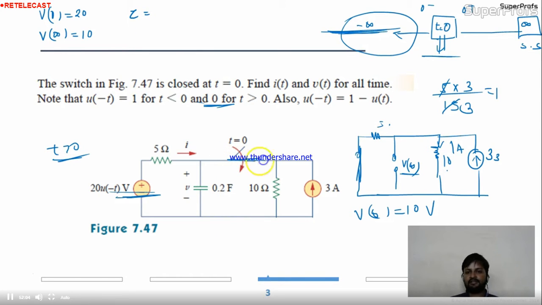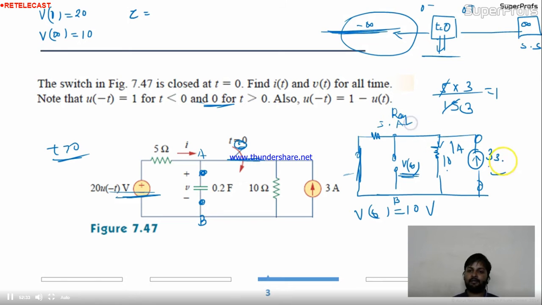So, come to the steady state condition. Open the capacitor and find out the equivalent resistance across A and B. So this is your circuit at a steady state. Everything is open. Capacitor is open. This is short circuited. So here A and B. This is the current source. You can open it, because I'm calculating the R equivalent.